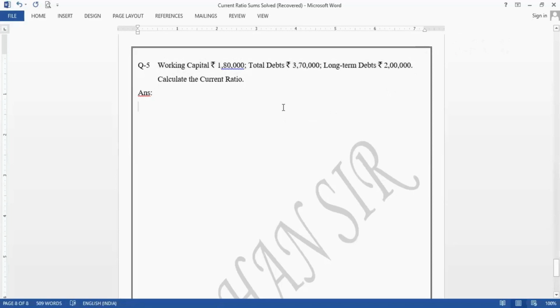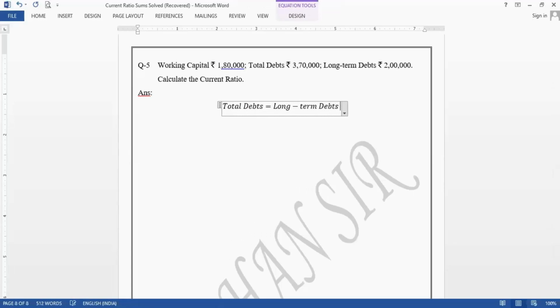Let us start solving. Let us write the formulas for the information given. Total debts will always include the long-term debts and current liabilities. Out of the three, total debts, long-term debts and current liabilities, total debts and long-term debt are given to us.